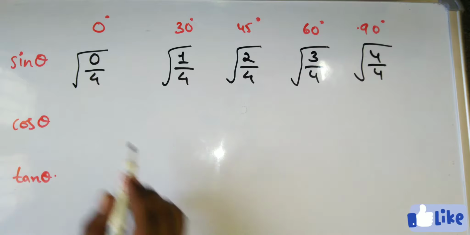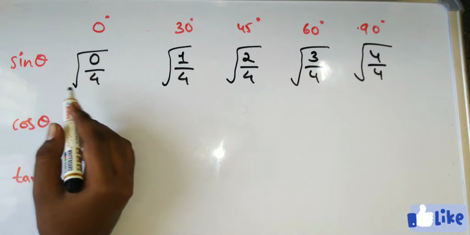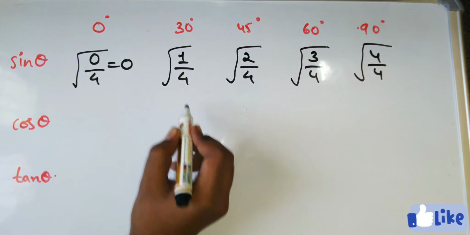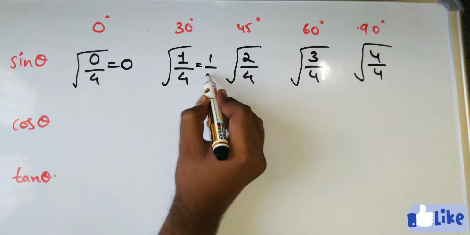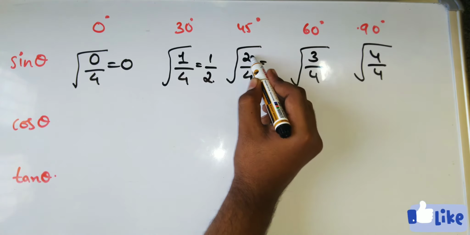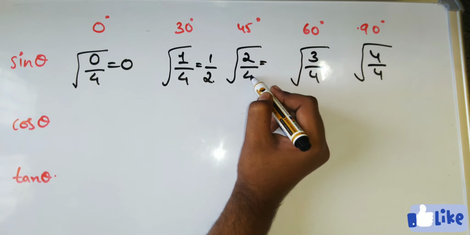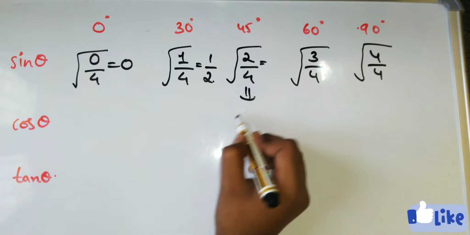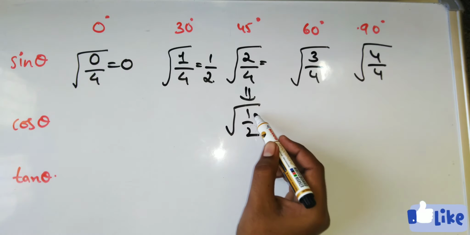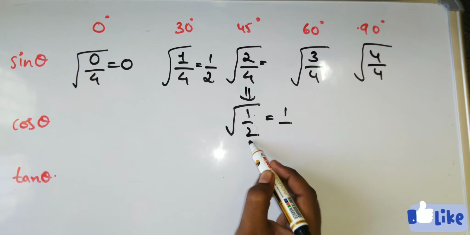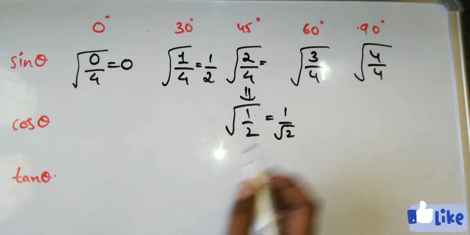Now observe here: square root of 0 by 4 is 0 itself. Square root of 1 by 4 is 1 by 2. Square root of 2 by 4, I can write 2 by 4 as 1 by 2, so it is 1 by root 2.